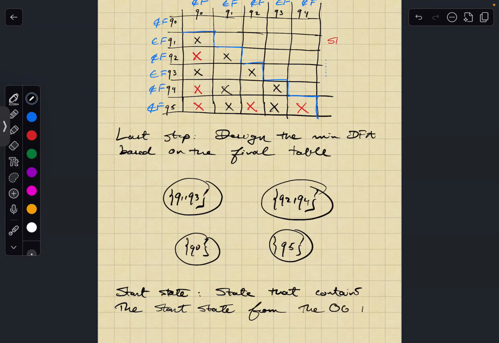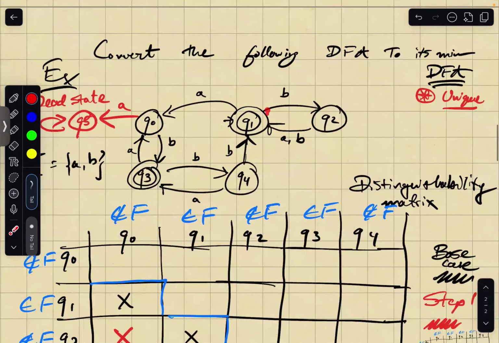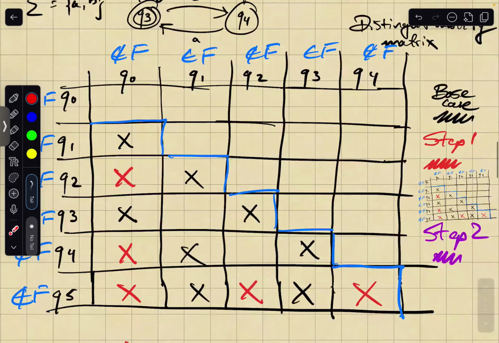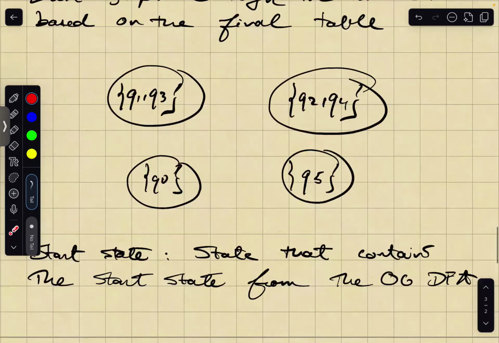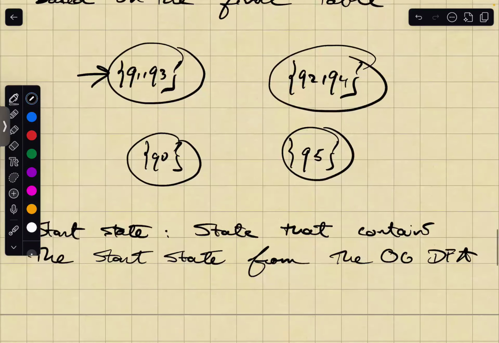This tripped me up the first time I did this, but notice here the start state is actually Q1. So the start state is Q1 and not Q0. So be careful. Q0 does not necessarily mean that it's the start state. So that means that my start state is this one.